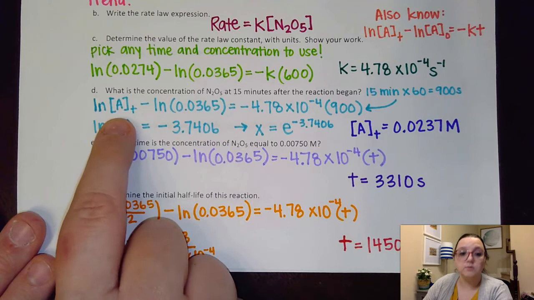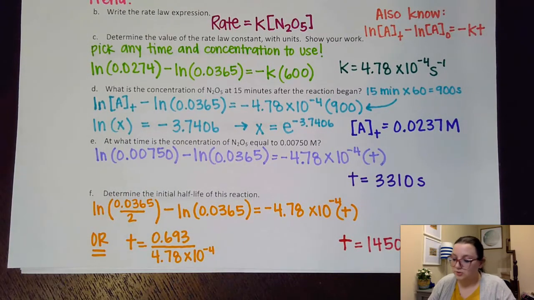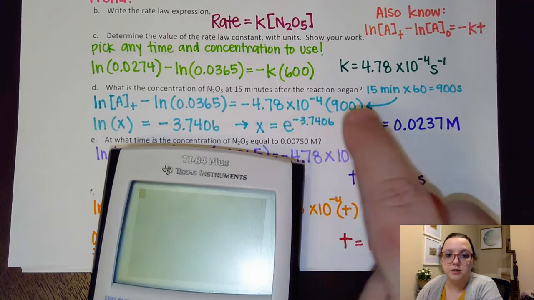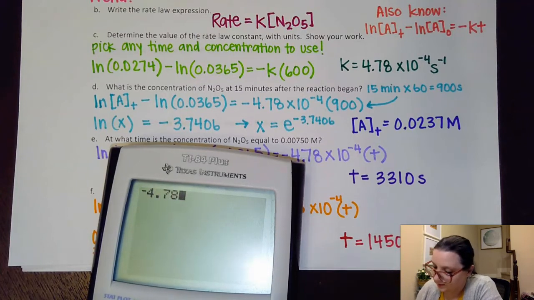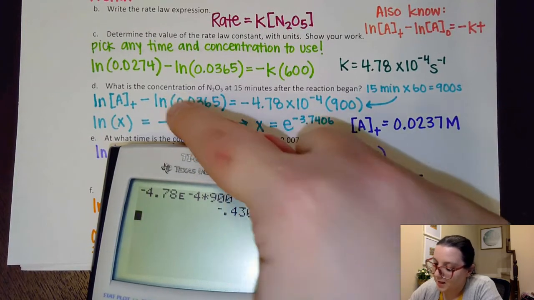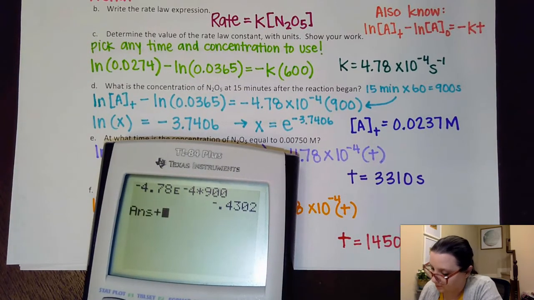And what I'm going to do is solve for that A sub t. And so to do that, again, I would start off with this information here on the other side, negative 4.78 times 10 to the negative 4 per second times 900. Then I'm going to add over this natural log of 0.0365.